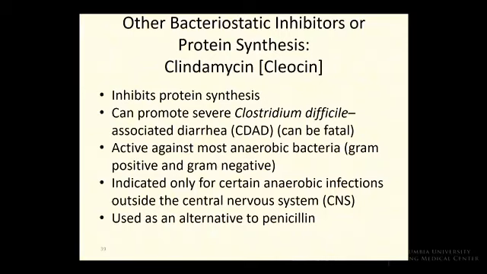So clindamycin is like erythromycin, frequently a second option, right? But there are certain infections, anaerobic infections outside of the central nervous system, where clindamycin might be your first line drug. That make sense?